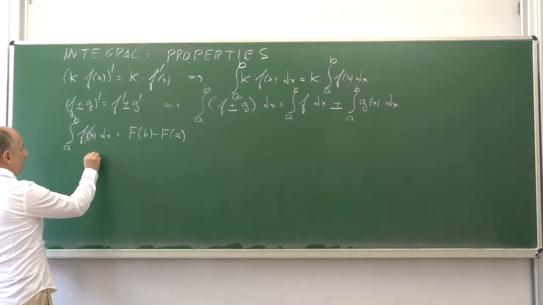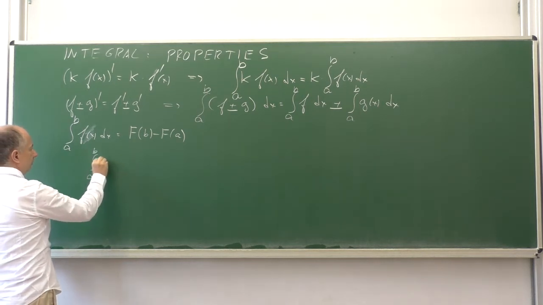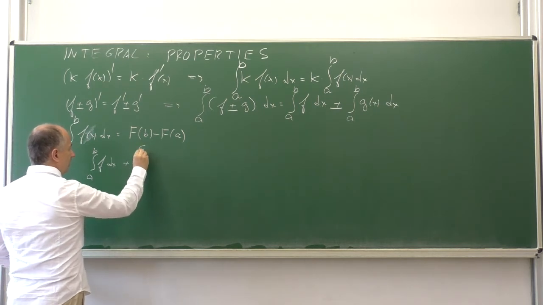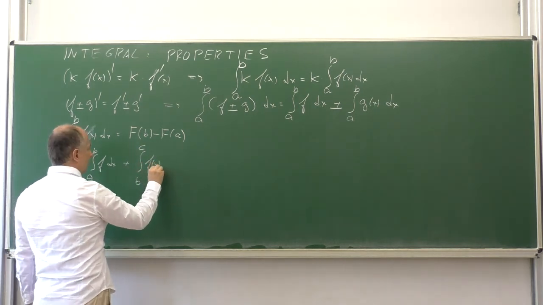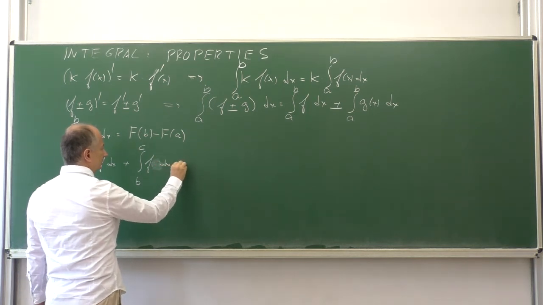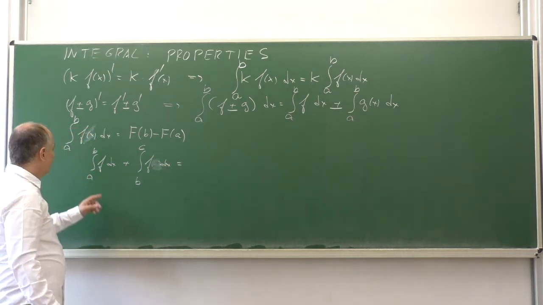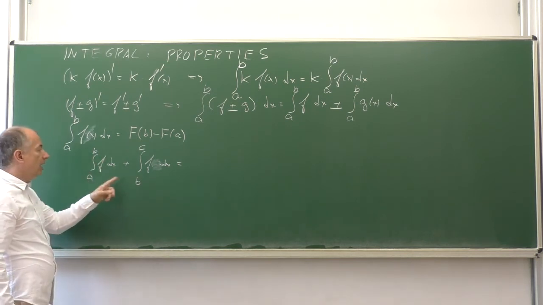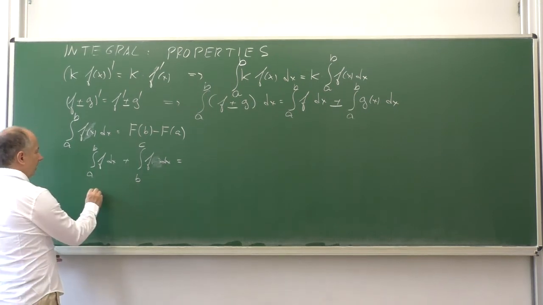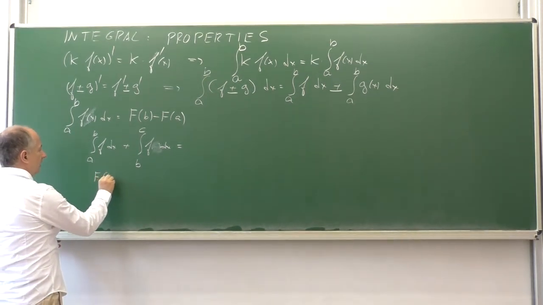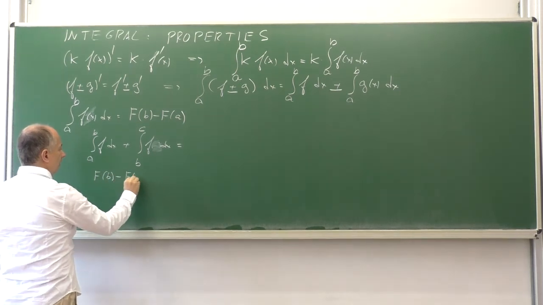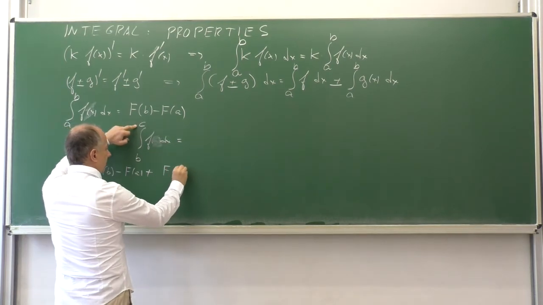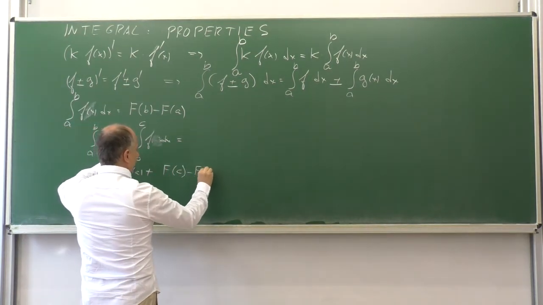Namely, if we integrate from a to b plus integral from b to c of the same function, then this is antiderivative at b minus antiderivative at a plus antiderivative at c minus antiderivative at b.